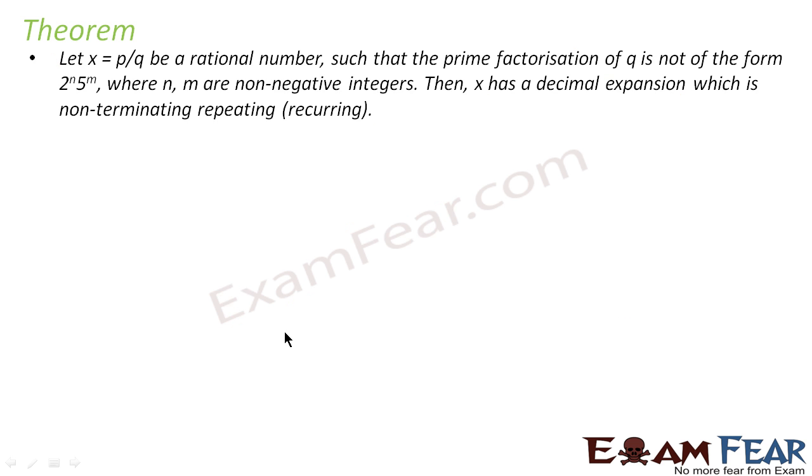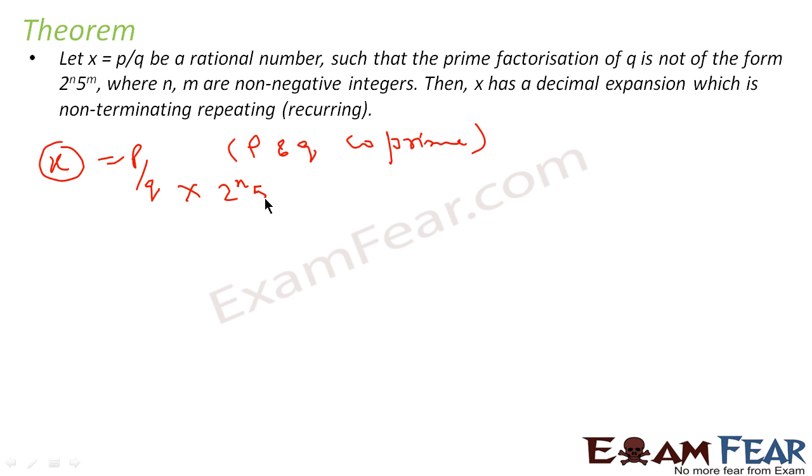One more theorem. Here we take x as a rational number of the form p by q, where obviously p and q are co-prime. But in this case, q is not of the form 2 to the power n, 5 to the power m.